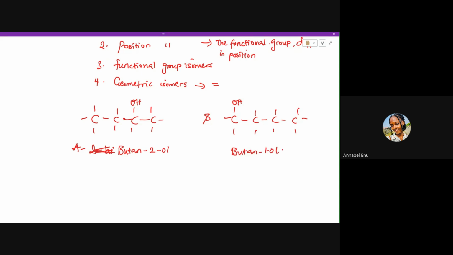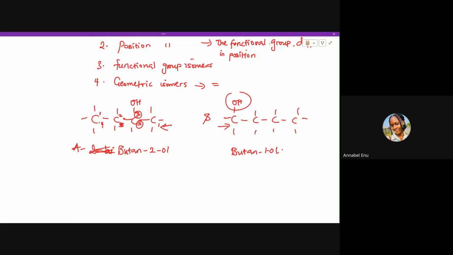This little difference in the position of the functional group is what makes them position isomers. Remember, we are counting from here. That's why this is 2, because 2 gives us the lowest number. If we count from the other side, 1, 2, 3, we would get 3. So we are choosing 2 instead of 3. We choose the side that gives us the lowest number. And for this other one, we count from here, because here will give us the lowest number for the position of the OH.